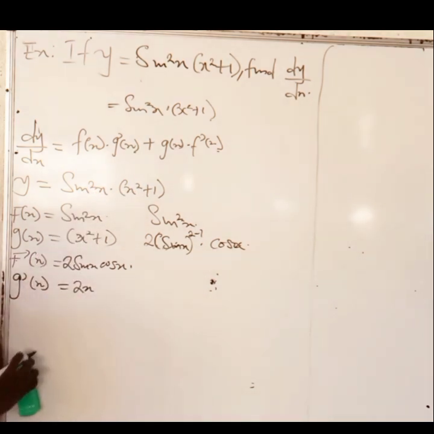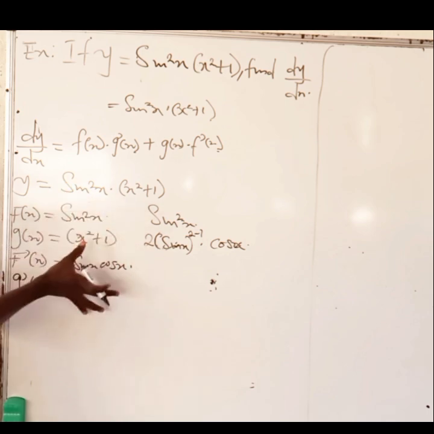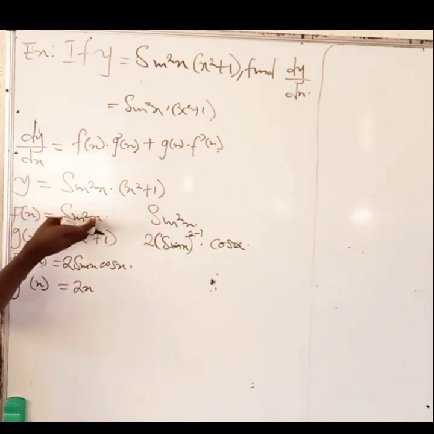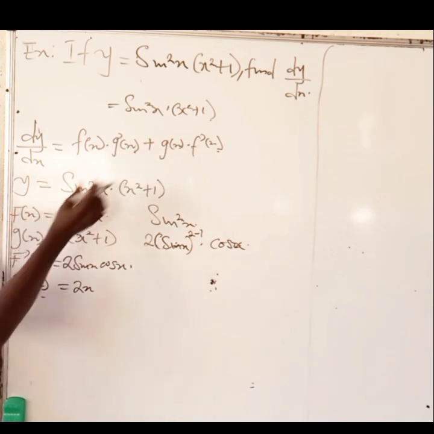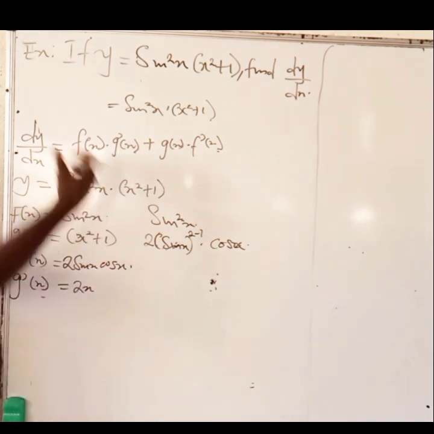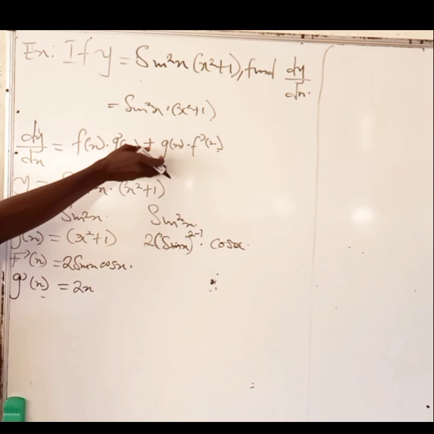So therefore, since you have the values of your terms, f of x is here, g prime of x is here, plus g of x and f prime of x. Now you can input your values into this formula.